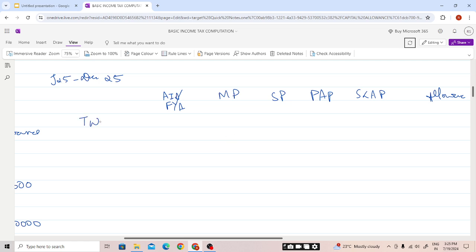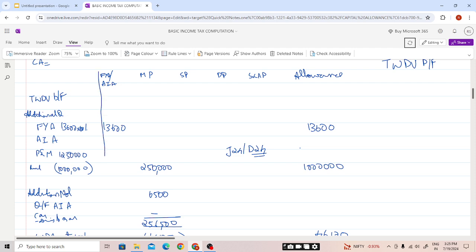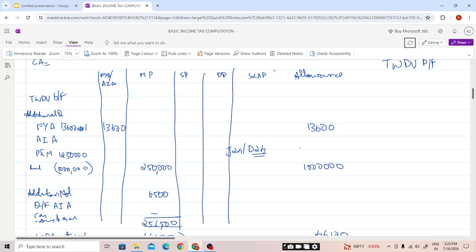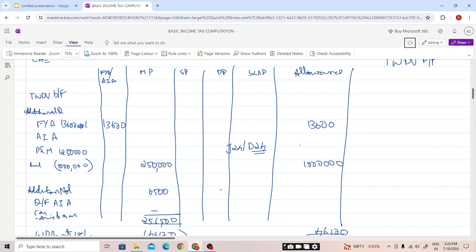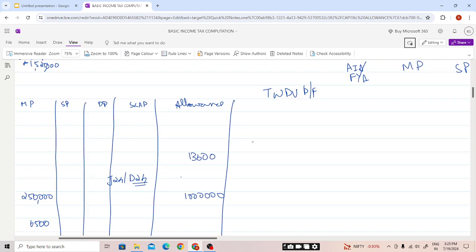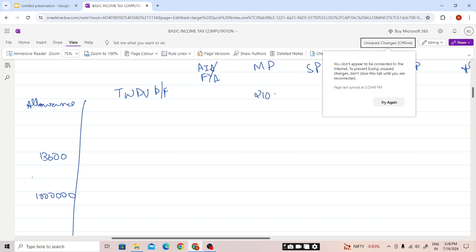So the tax written down value brought forward. As we have seen here, the written down value of the main pool is 210,330.